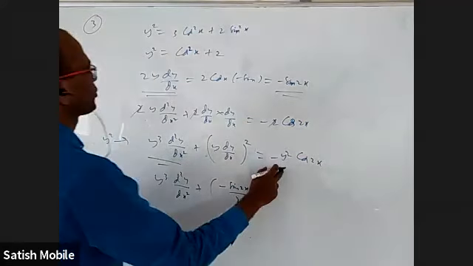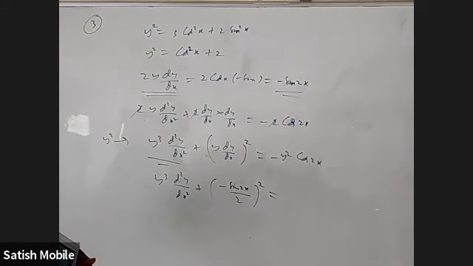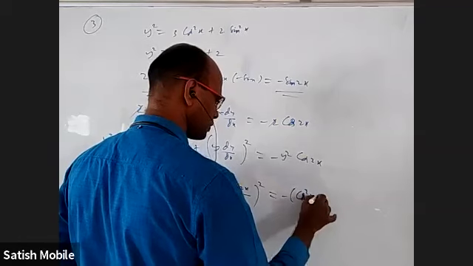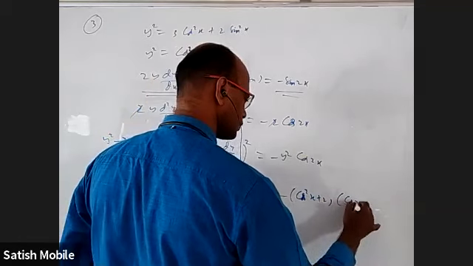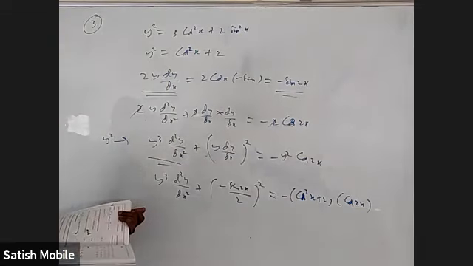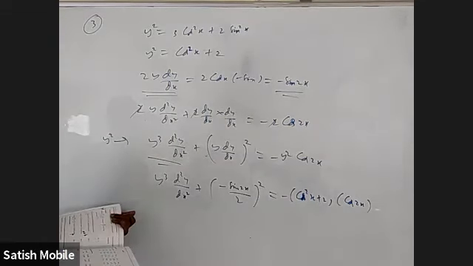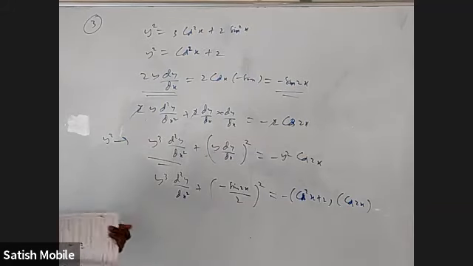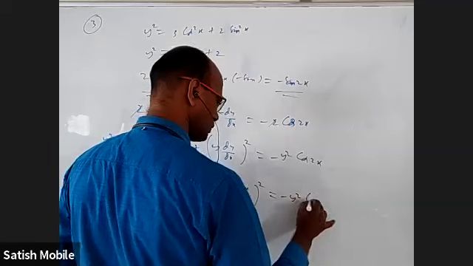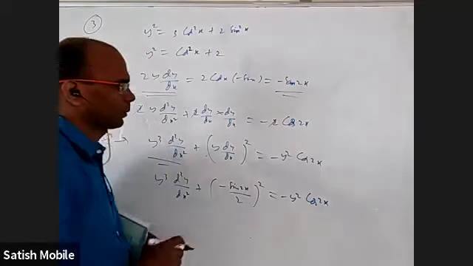For y square, I can write cos square x plus 2, so minus of cos square x plus 2 into cos 2x. We also want y power 4, which we don't have. Maybe I'll substitute this a little later. Keep it like this only: minus y square cos 2x.